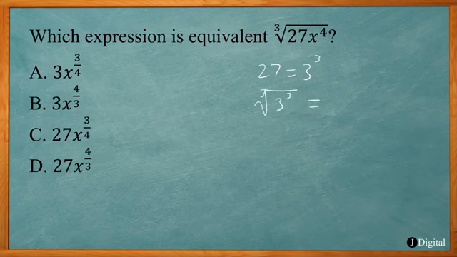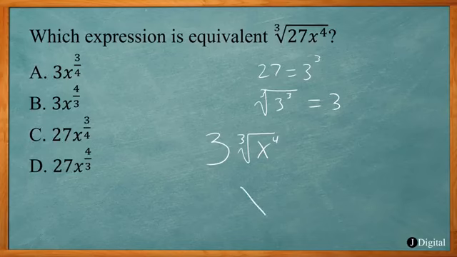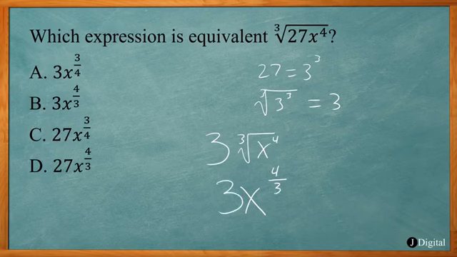That's just going to be 3. Now if I have the third root of x to the fourth, I can rewrite that as a fraction in the exponent, with 4 on top and our root on the bottom, so 3. So it's going to be 3x to the 4/3 power. So that's going to be answer choice B.